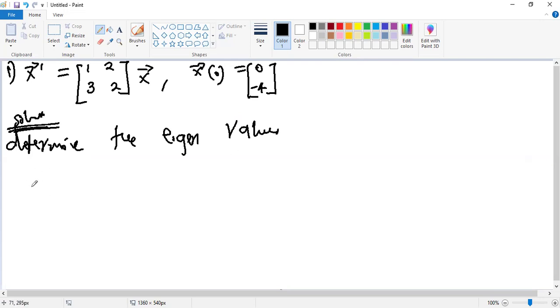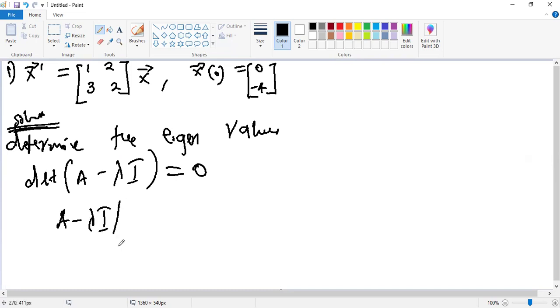Now, recall the formula for getting the eigenvalues. It was given by the determinant of A minus lambda I, equating this to 0. This is basically the modulus of A minus lambda I equal to 0. What is our A? Our A is the main matrix, which is 1, 2, 3, 2.